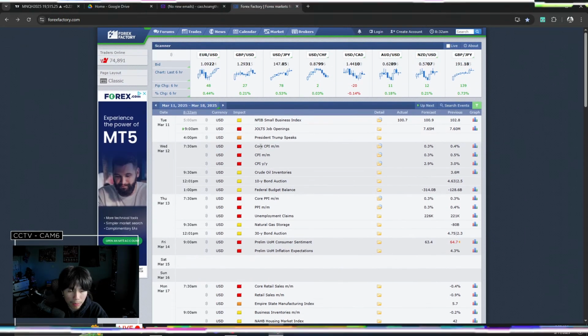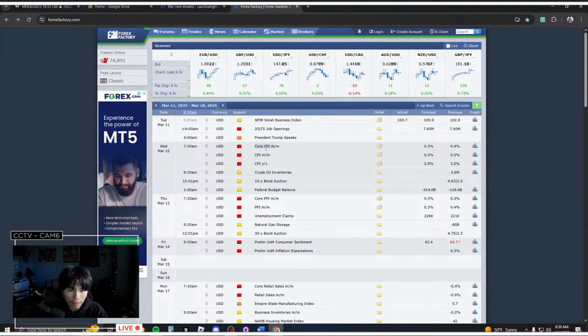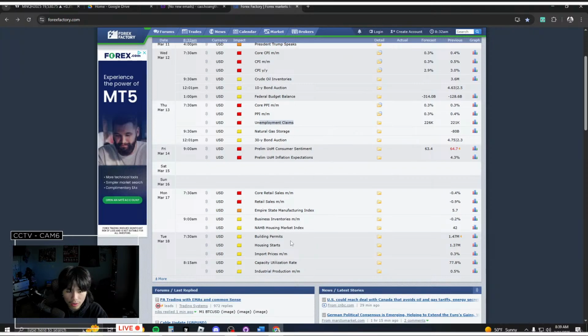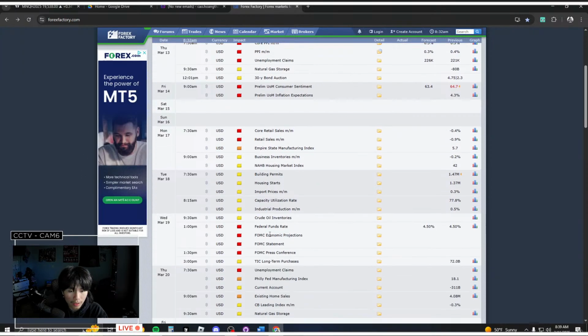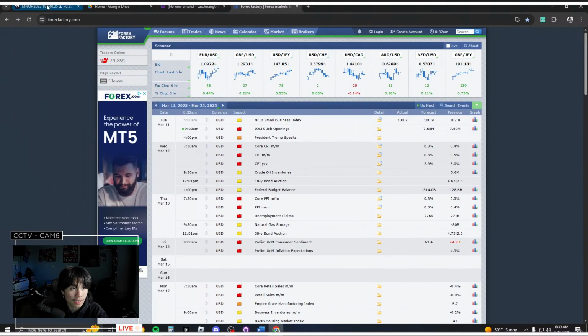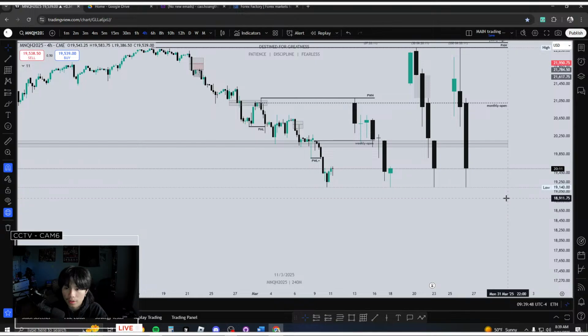Tomorrow, on Wednesday, we have core CPI at 7:30 a.m. Then we have PPI on Thursday, unemployment claims, and on Friday we have consumer sentiment and inflation expectations. So we have a lot of news, and it's going to be quite an eventful week this month.